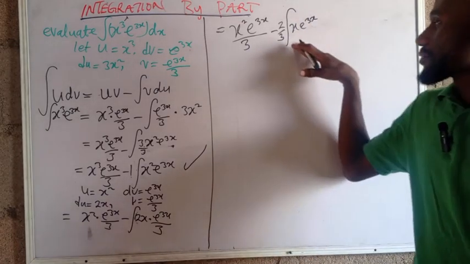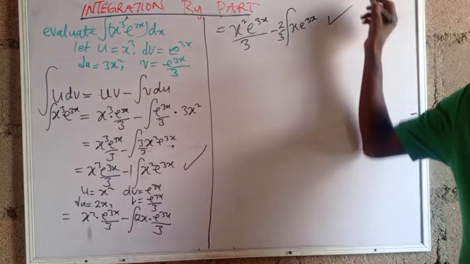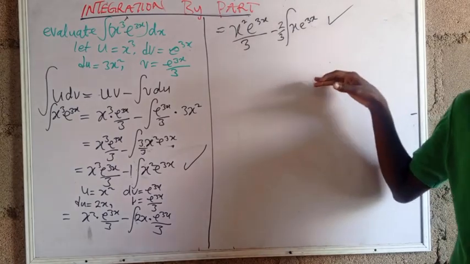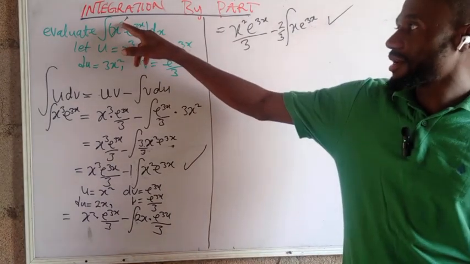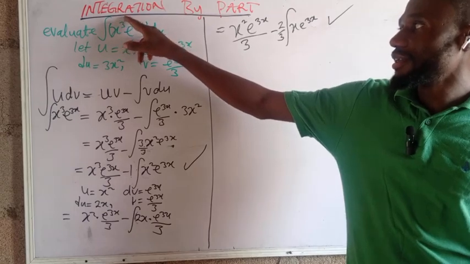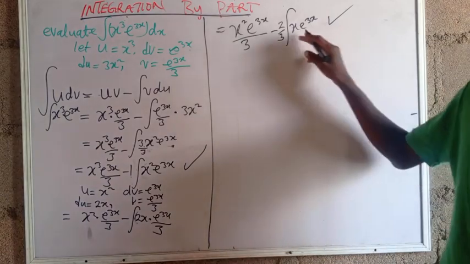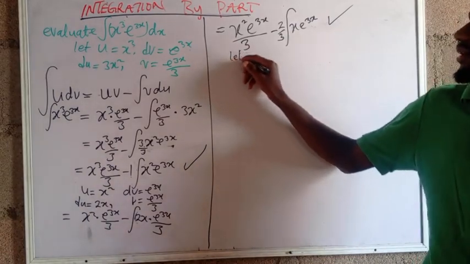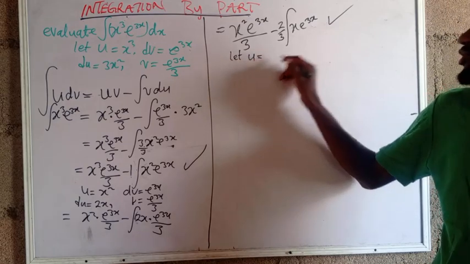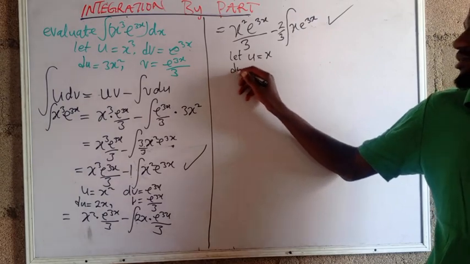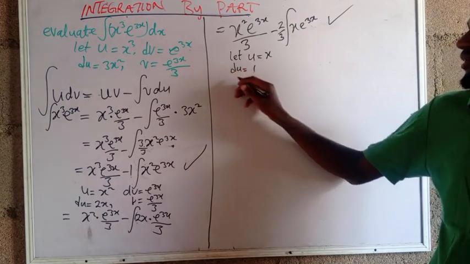Then again you resolve into another integration. Then we are going to solve again. Since this is raised by 3, x cubed, then we are going to integrate times 3. Then we are going to let our u again, let u be equal to x, and our du is equal to 1.